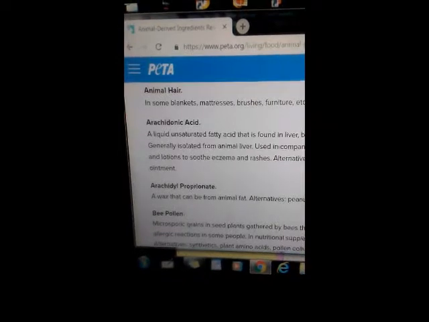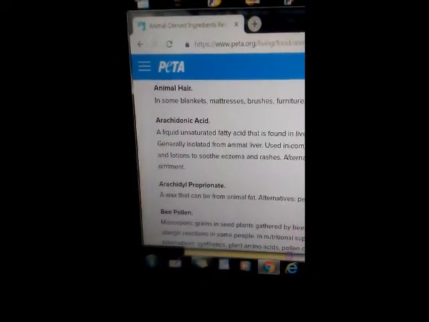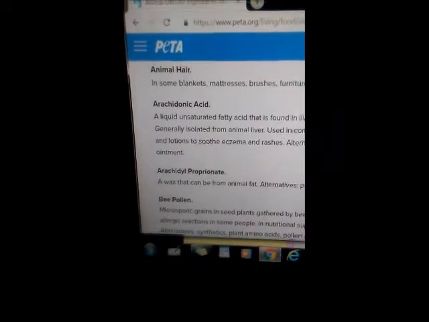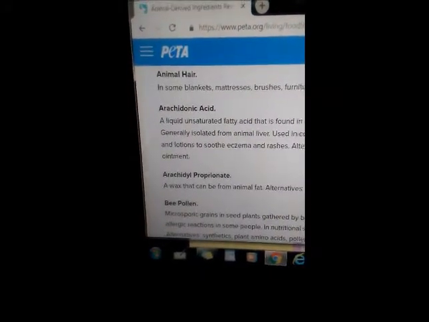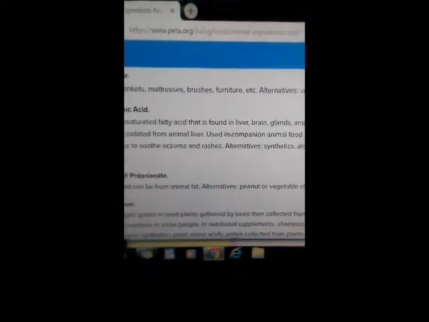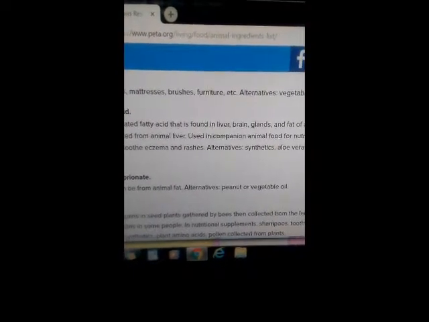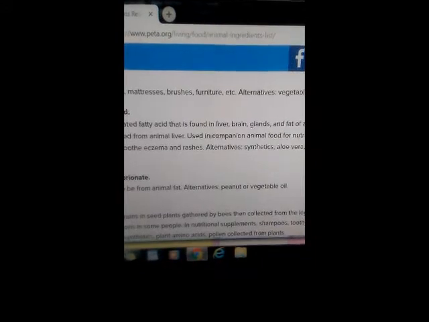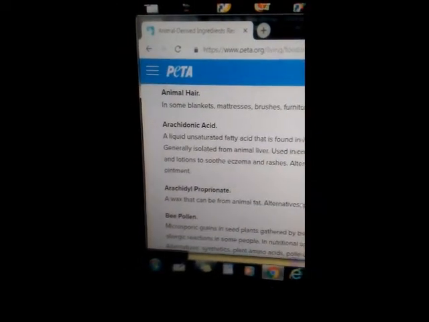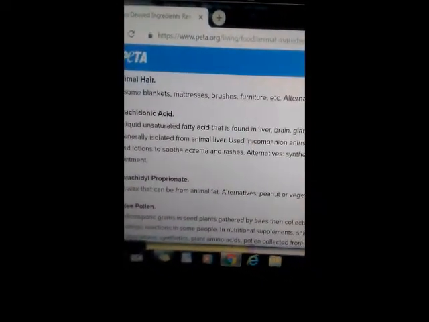Okay, so arachidonic acid, excuse me if I don't pronounce these right, a liquid unsaturated fatty acid that is found in the liver, brain, glands, and fat of animals and humans. Generally isolated from animal liver.